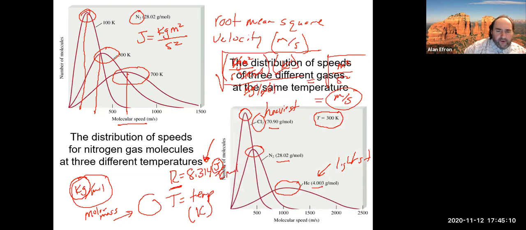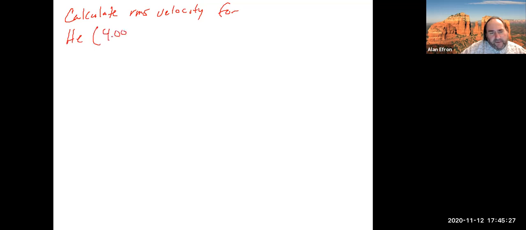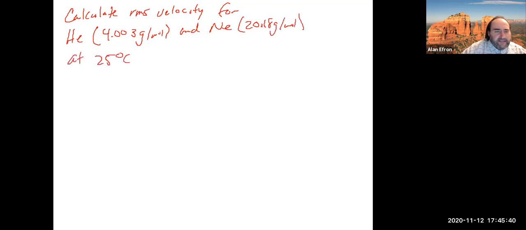So why don't we try one here? Let's calculate the root mean square velocity for helium, which is 4.003 grams per mole, and we'll do neon, which is 20.18 grams per mole, at 25 degrees Celsius.